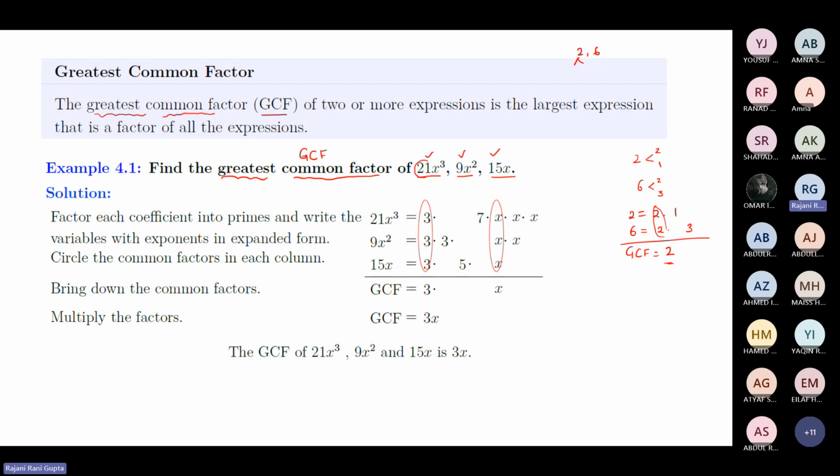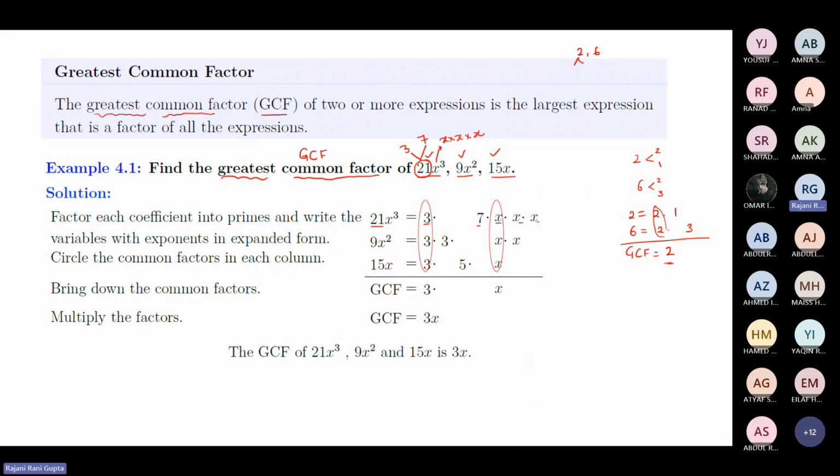So for that, 21: which two numbers on multiplication give you 21? 3 and 7. X power 3 is x multiplied 3 times. So you can write 21 as 3 times 7 and x power 3 as x times x times x.